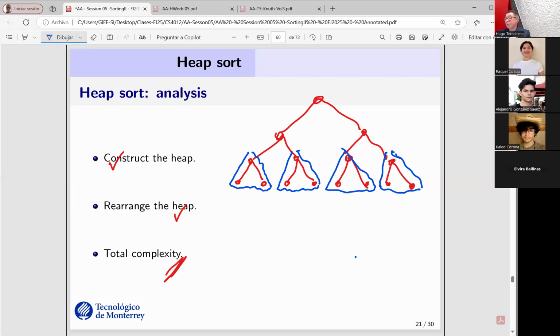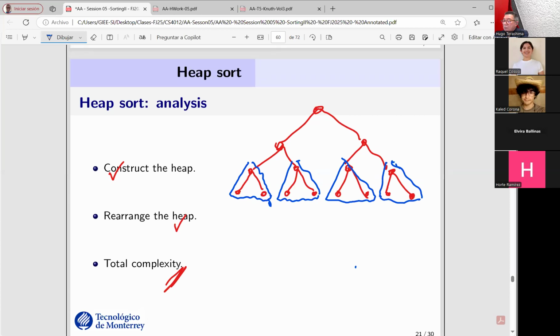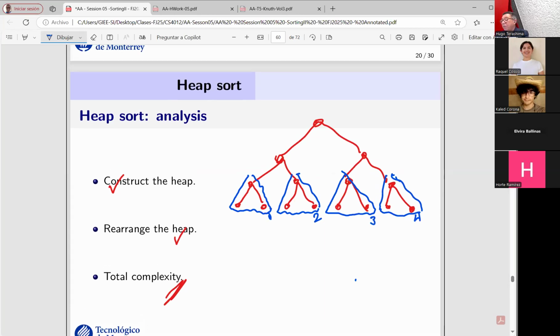How many small subtrees? Tell me, how many? For this case in particular? 4. 4, yeah. So I have 1, 2, 3, 4, right? 4 blue ones, small.